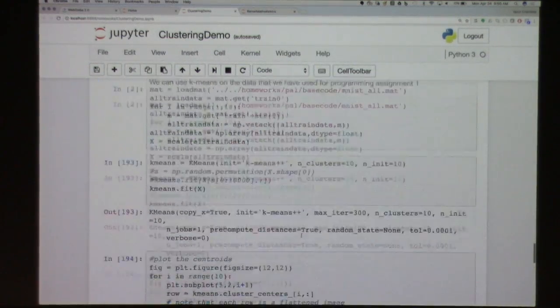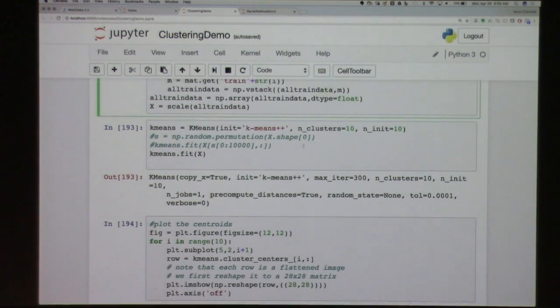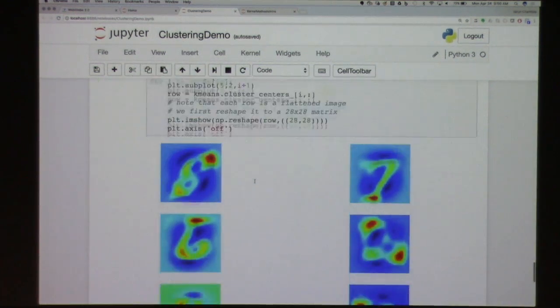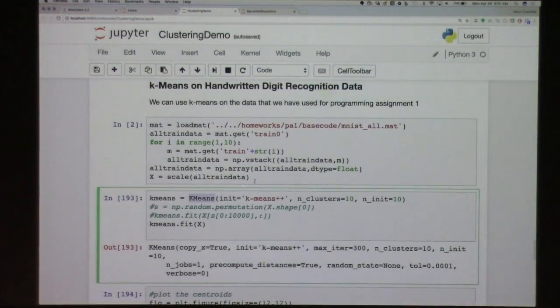So in the same demo, I've also shown you how to do this clustering on your handwritten digit data. So it's the same data set that we had before, right? MNIST. And if you take that data and apply clustering, here I'm using the k-means of sklearn because it's more efficient. And then you do all of this. And if I plot my centroids, basically I took 10 clusters, I'm hoping.